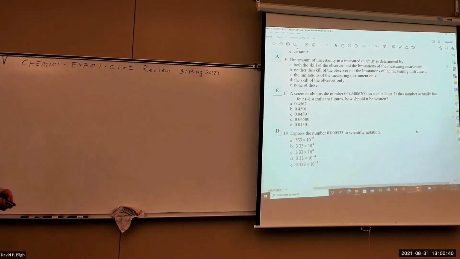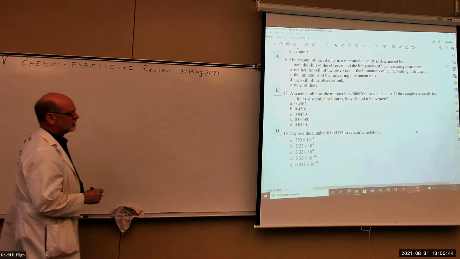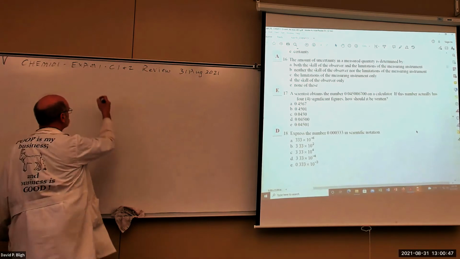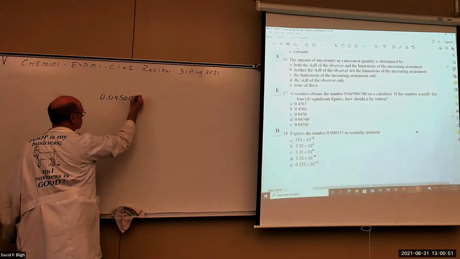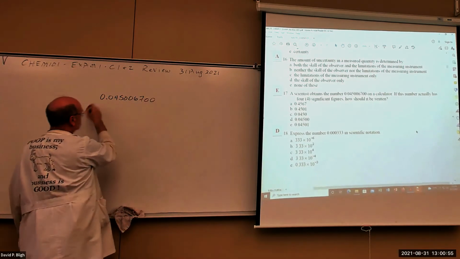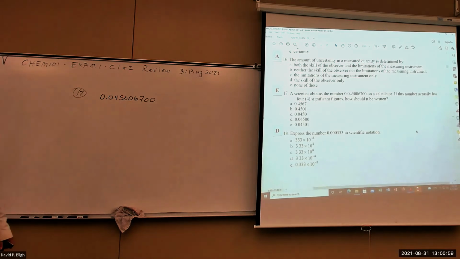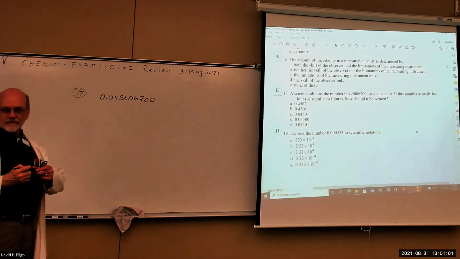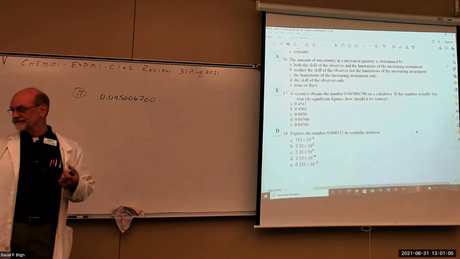17. A scientist obtains a number on the calculator. Like I said before, calculators give you as many decimals as you want.